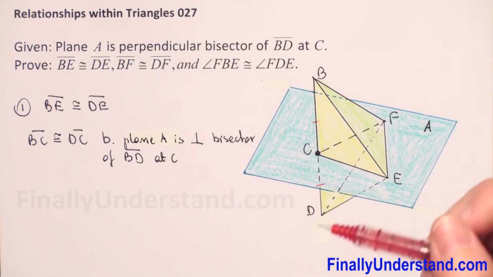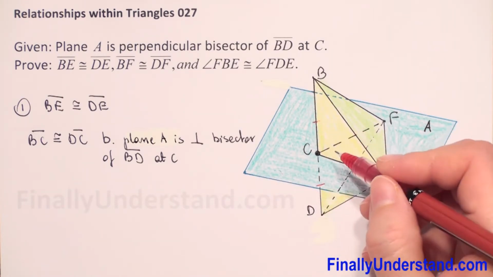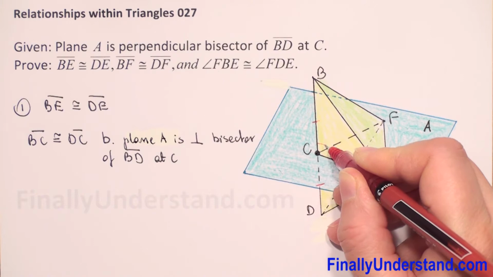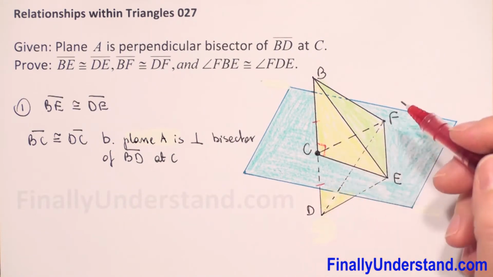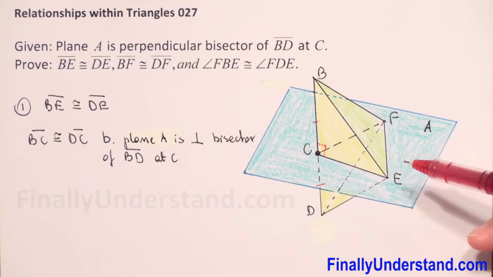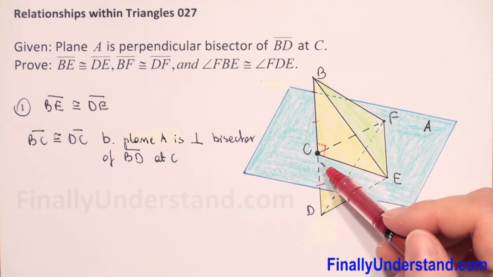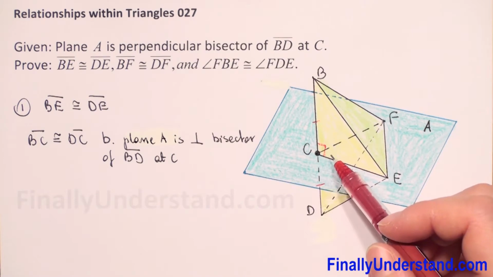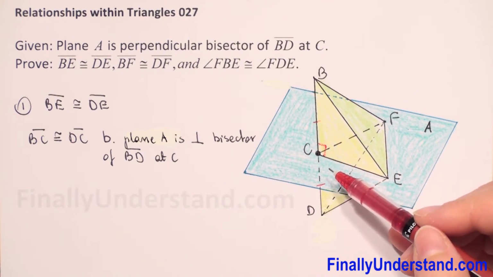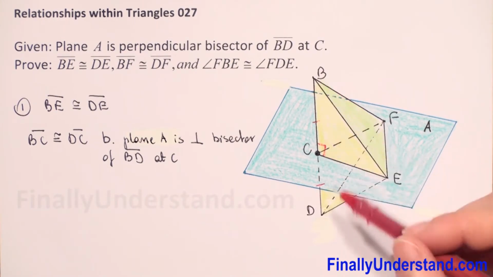So we have a right angle because E and F points are on plane A. So CD segment is on plane A. So we have a right angle between BC segment and CE segment because plane A is the perpendicular bisector of BD at point C. It means that plane A is perpendicular to segment BD, so we have a right angle, and point C is the midpoint of segment BD.